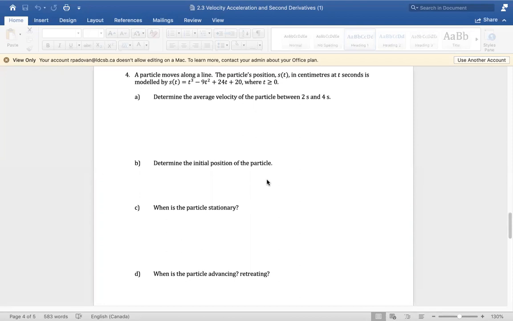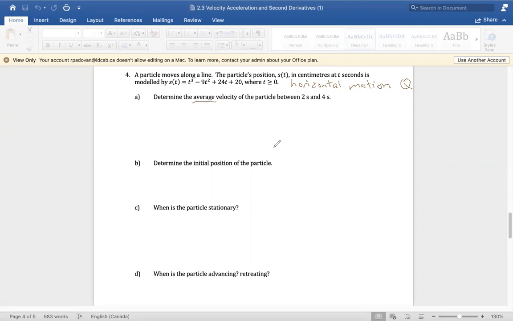Obviously, t being time has to be greater than or equal to 0, can't be negative. So there's our displacement function there, right? If you want to write down, this is a horizontal motion question, to refer back to the bullets on page 1. And we will refer back to that horizontal motion question.